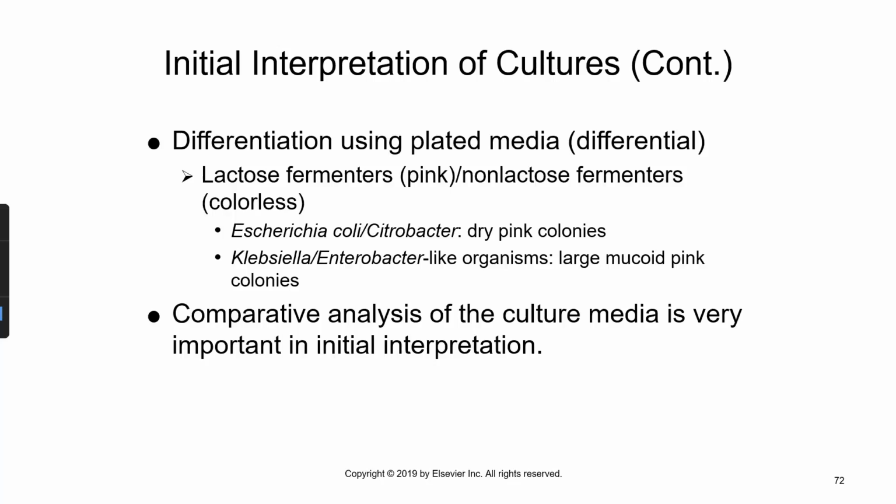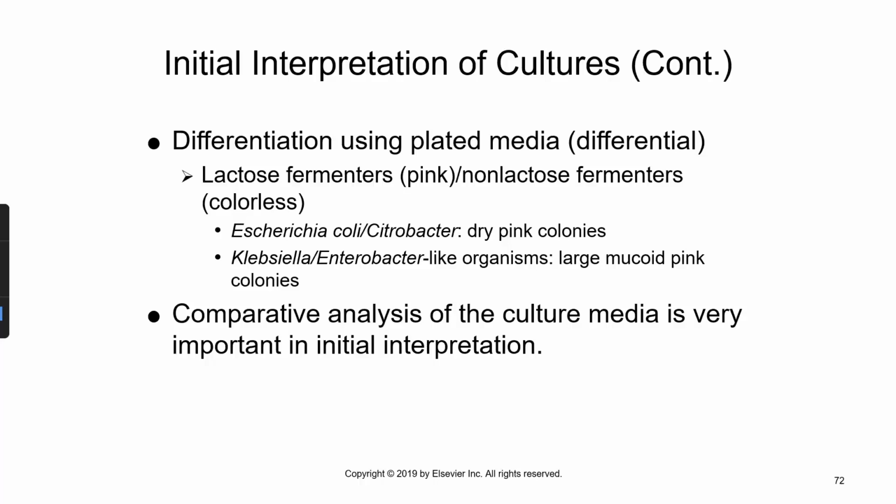What happens is when they do ferment the lactose, they're going to absorb some of the pigment from the media. So when they do that, you may see some clearing around the growth. You want to look at the actual colonies. If the colony itself has a pink color, then it's a lactose fermenter. If the colony itself did not change color, then it's a non-lactose fermenter.